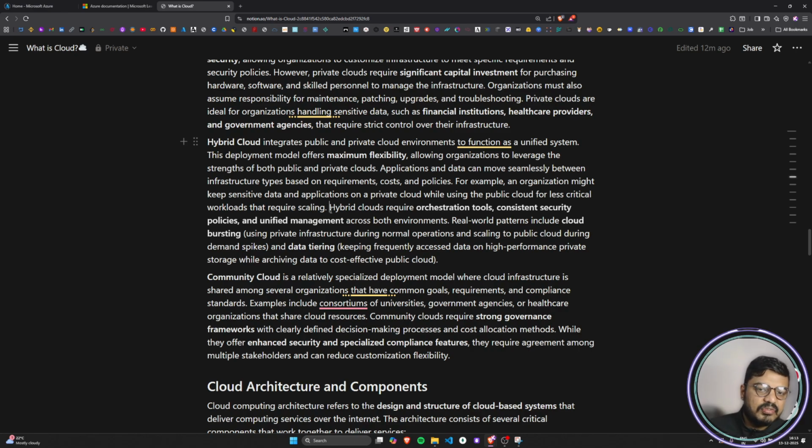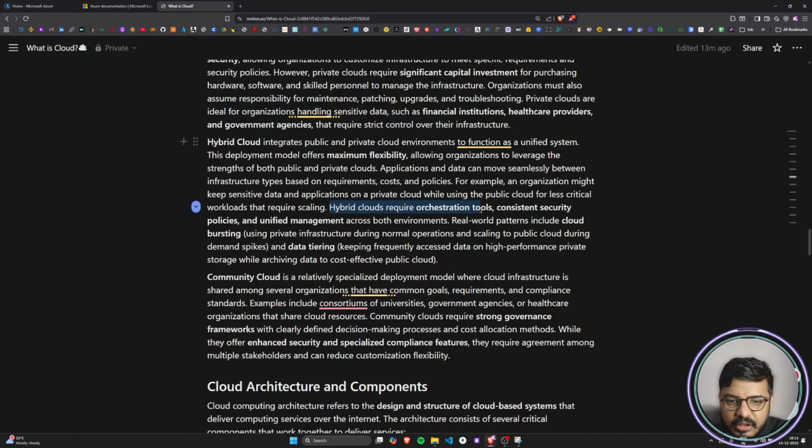But for the rest of the things, let's suppose any kind of email service for the bank, or maybe the bank website, I'm not talking about internet banking, just the simple website, all these things can be hosted on the public cloud, because these are not sensitive information. So they can be hosted on the public cloud also.